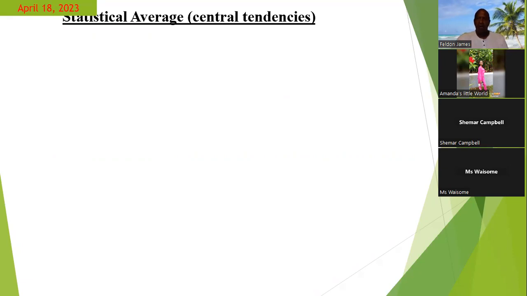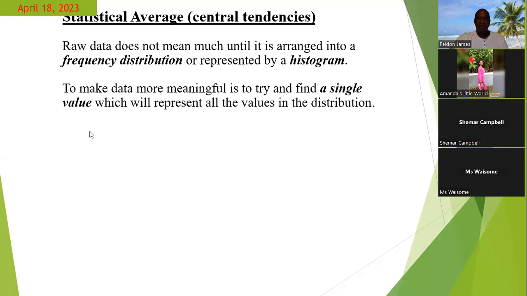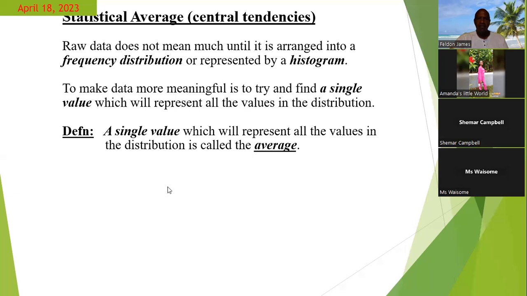Now, after we have organized our raw data in terms of a distribution table, whether it's a frequency distribution or a group distribution, then we may want to find some things about the data. One of the things we generally look at for the data is the average.